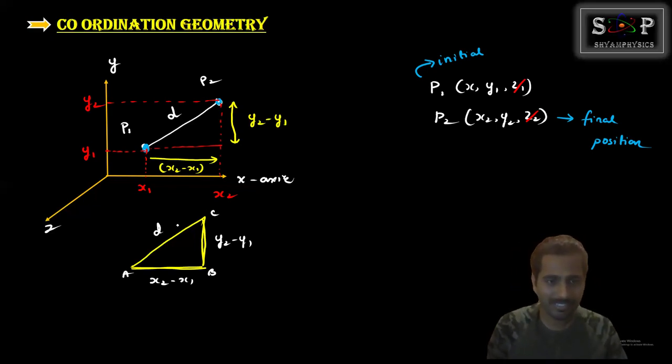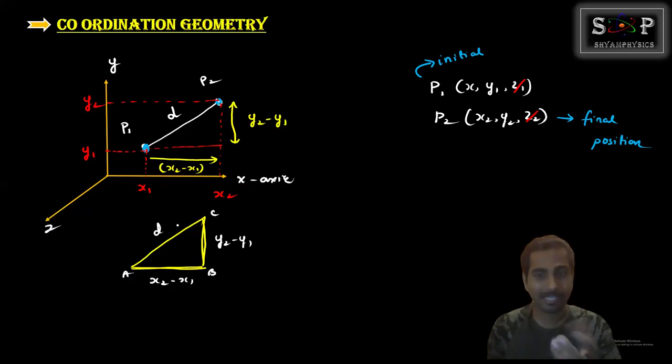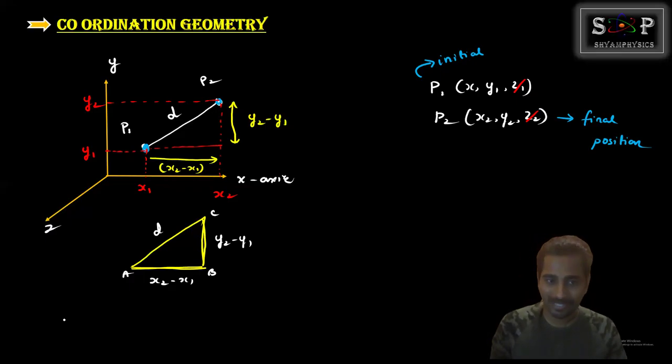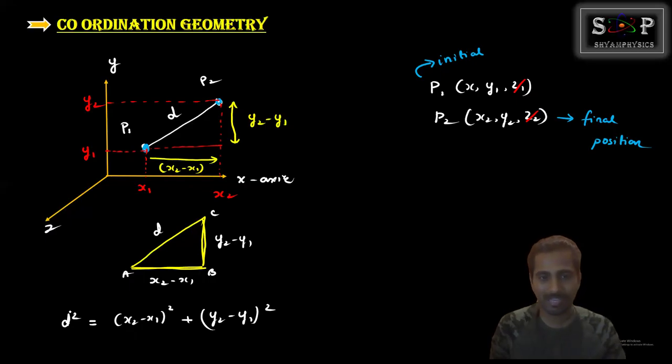This is the distance D. To calculate this distance, I can apply the Pythagoras theorem. It's very simple. D square must equal X2 minus X1 whole square plus Y2 minus Y1 whole square. And to calculate D, it's simple. Take that square to the right hand side and it will become a square root.